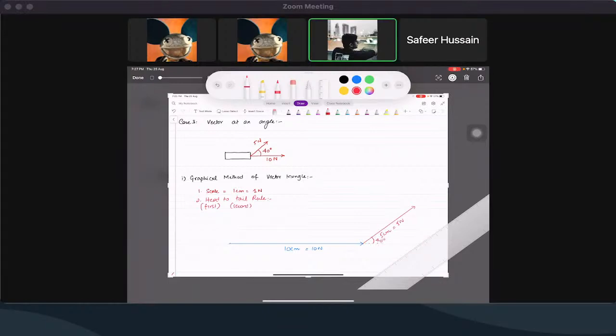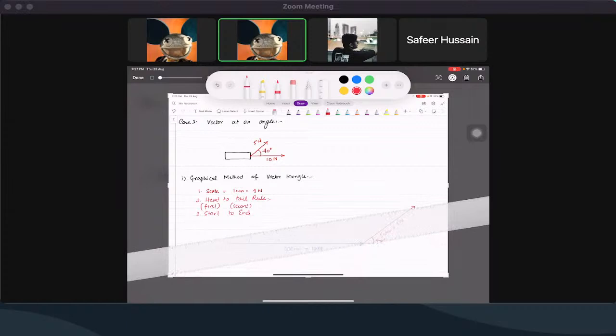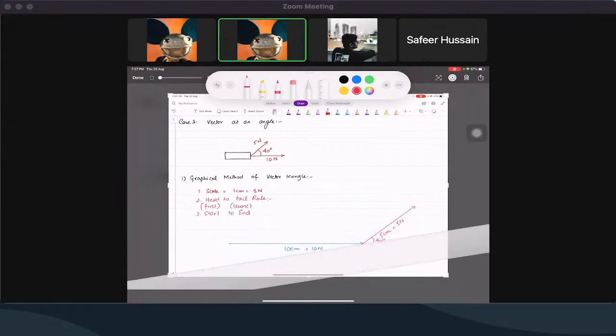Yes. Then what you do is you connect from the start to the end. So you put your ruler, this is our start where we put our pen, and this is where the end is.